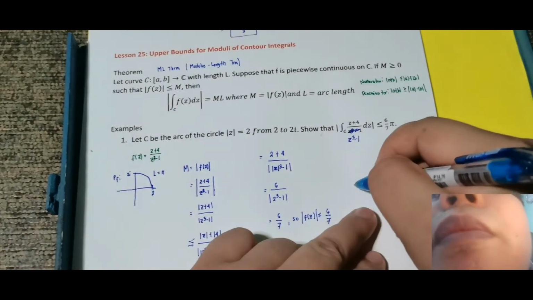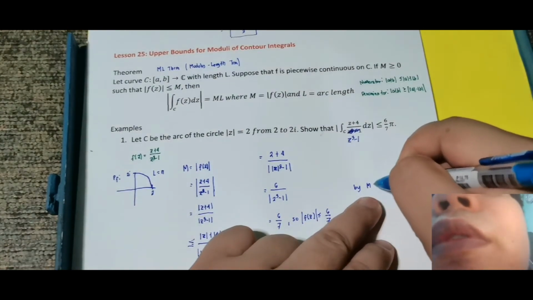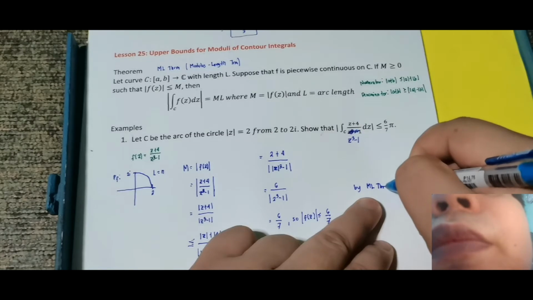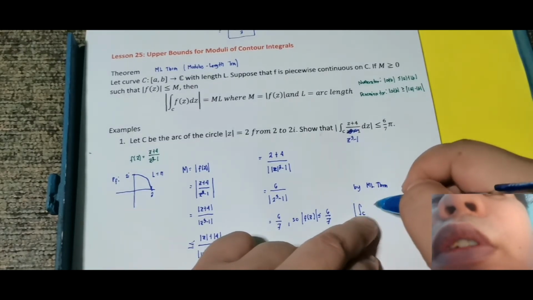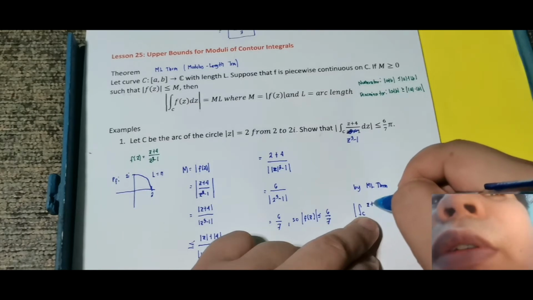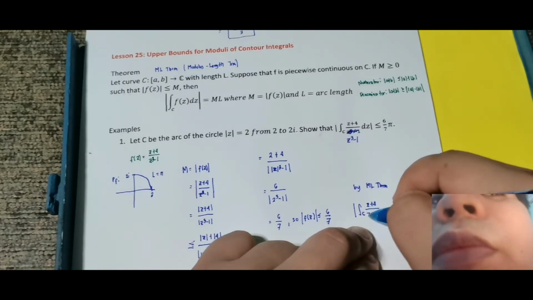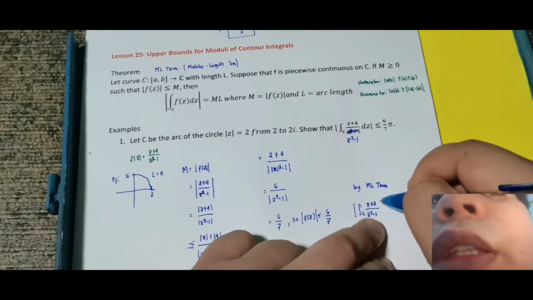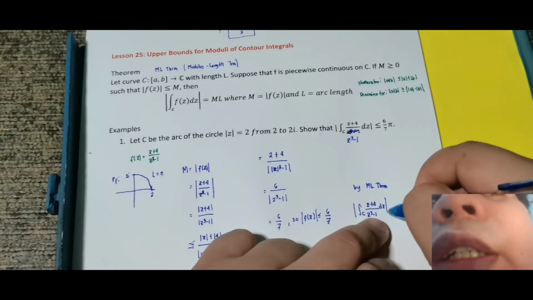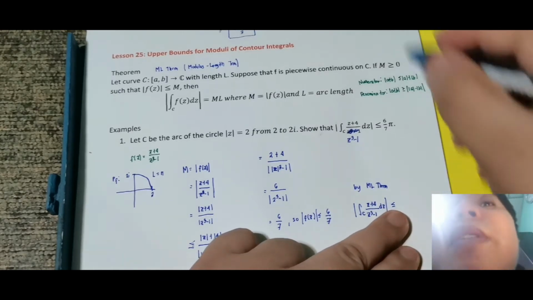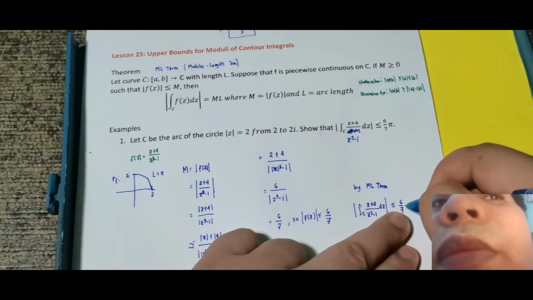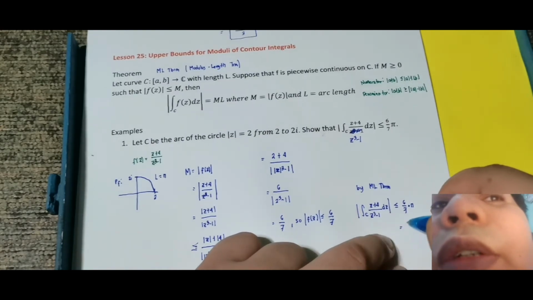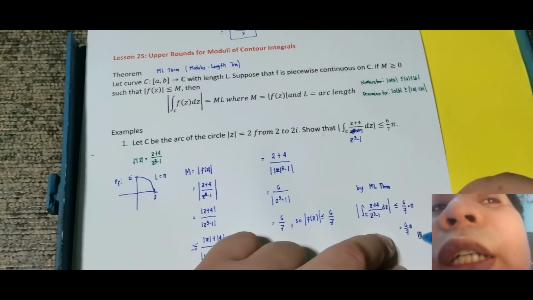Then by ML theorem, we have yung modulus ng integral ng z plus 4 over z cube minus 1 dz is less than or equal sa M times L, where M is 6 over 7 multiplied by pi, which is equal sa 6 pi over 7. And this is done.